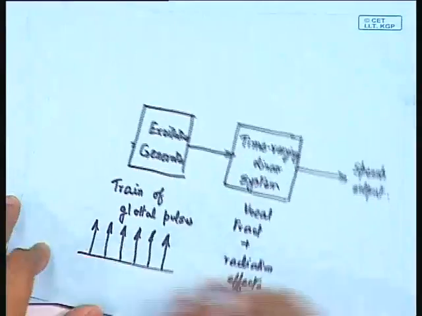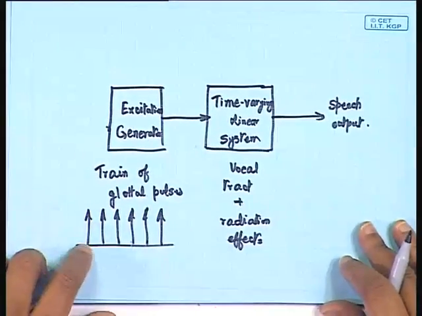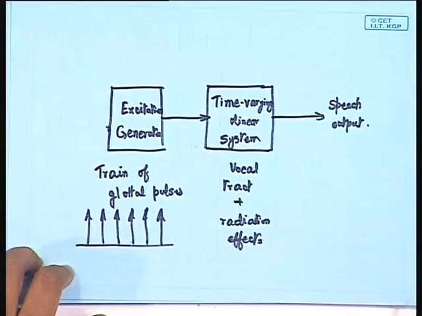Now, talking about this aspect, before proceeding further, we should have some idea about the pitch that we are mentioning. Pitch is basically, in terms of the train of glottal pulses, the repetition frequency of these glottal pulses.